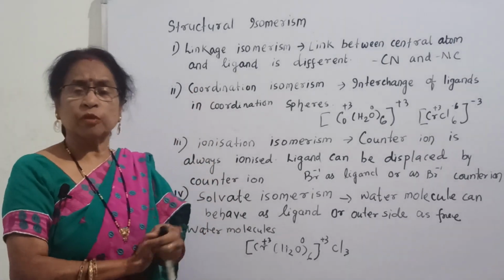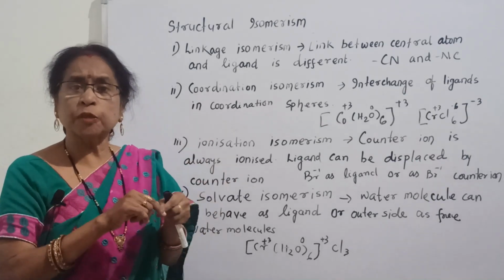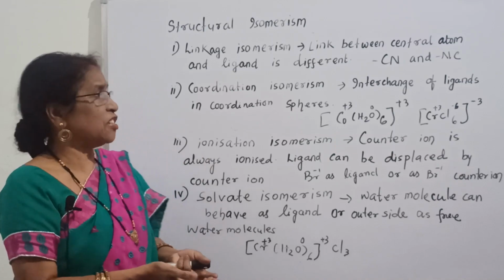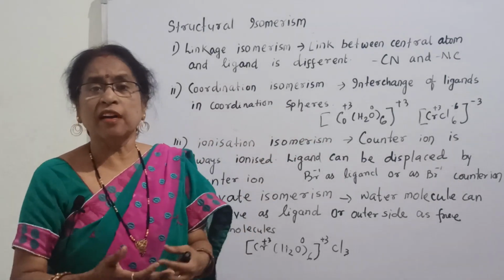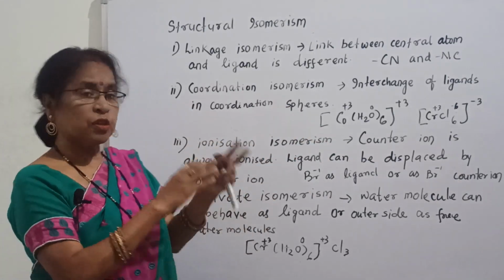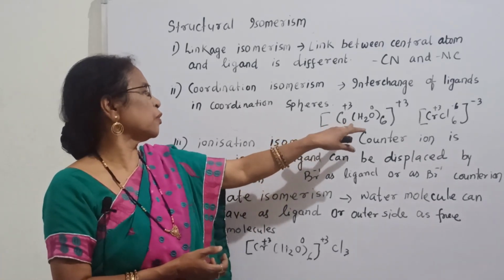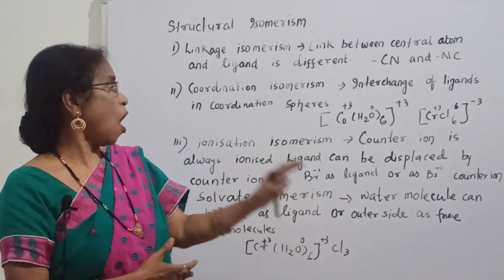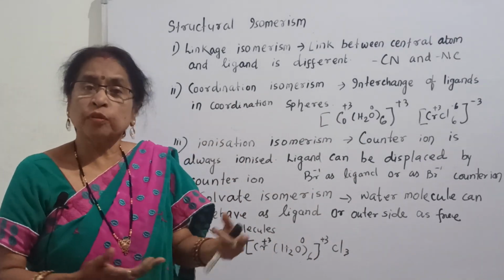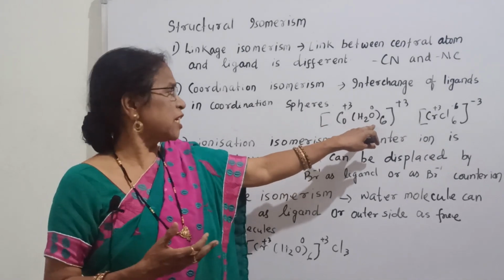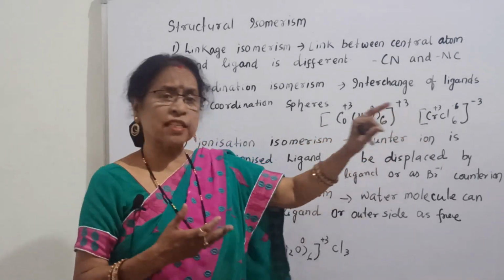Coordination isomerism. Coordination means the coordination sphere. If the ligands are exchanged between two coordination spheres, let us take a simple example. The coordination number of cobalt and chromium both are 6, that is, coordination number 6, ligand 6.